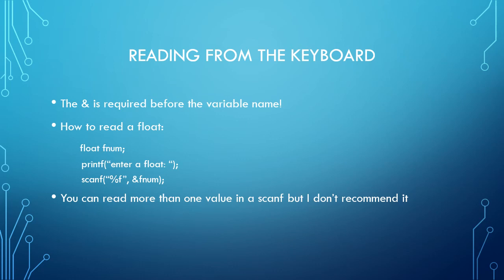We give the name of the variable we want to read into, and we precede that variable name with an ampersand. And as I said before, it's better not to do multiple reads in one scanf. It's better to read each variable separately.